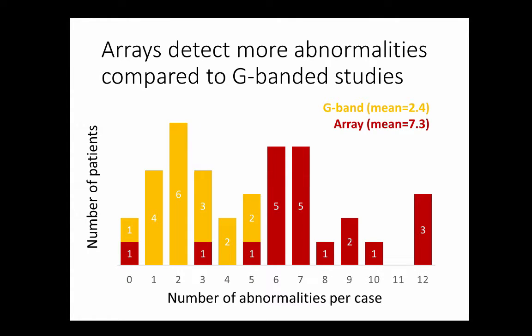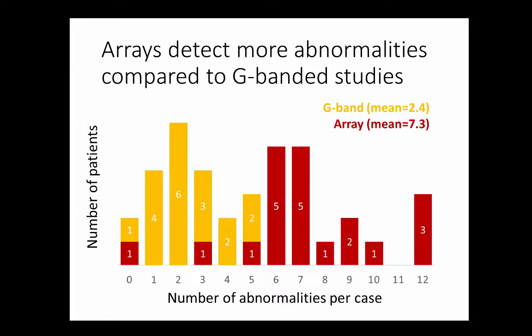And in comparing the number of abnormalities we could see by G bands, shown here in gold, compared to the number of abnormalities we could see by array, shown here in red, we can see that the majority of abnormalities were seen by array with a mean of about 7, whereas fewer abnormalities were detected by the G-band analysis with a mean of about 2.